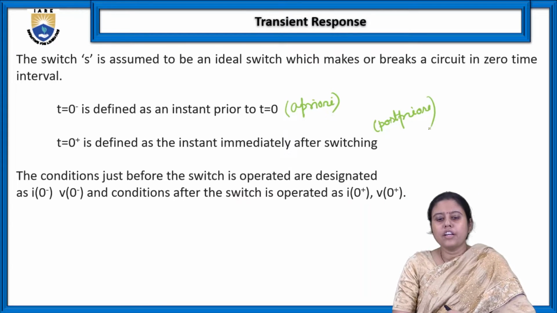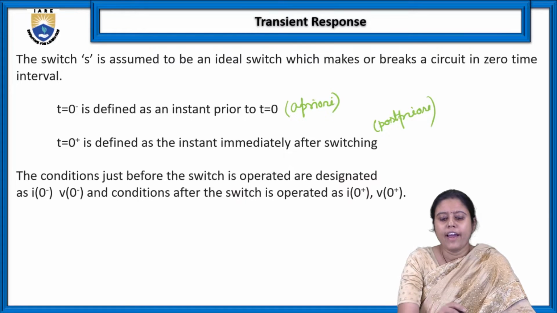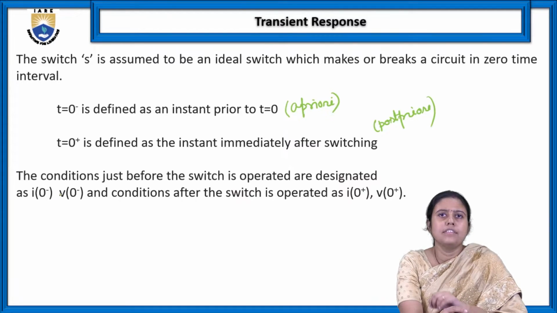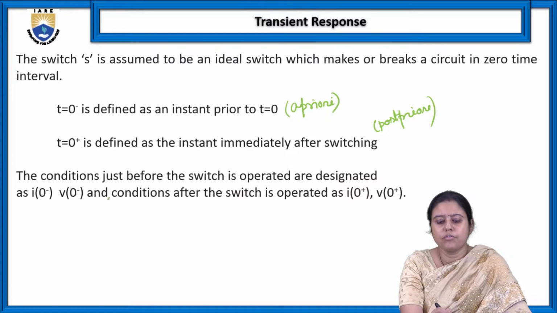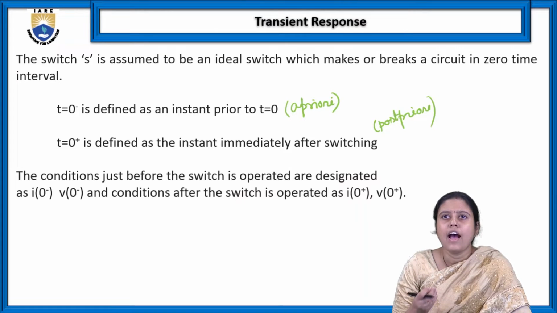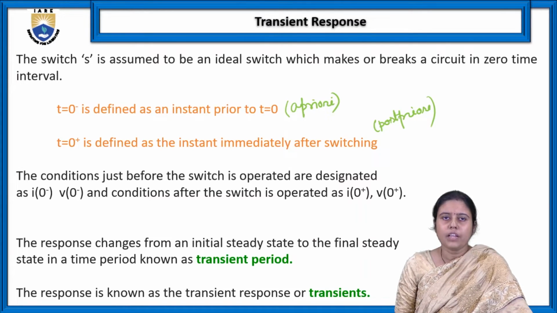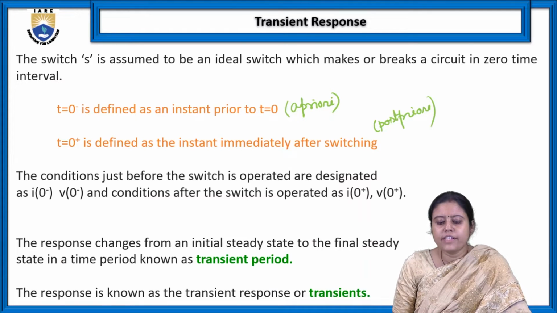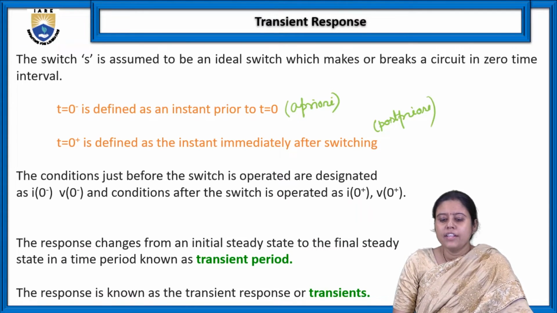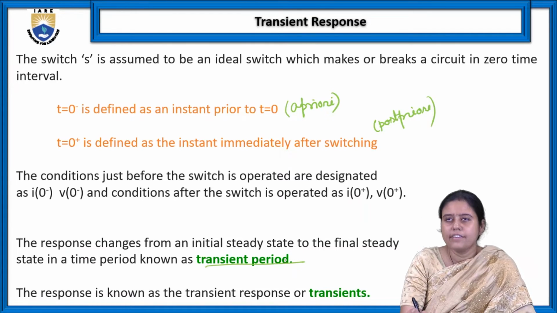The condition just before the switch is operated, we are writing as I0 minus, V0 minus, just before the switching, and conditions just after the switching we write as I0 plus, V0 plus, like this. The response changing from an initial steady state to the final steady state is known as the transient period.